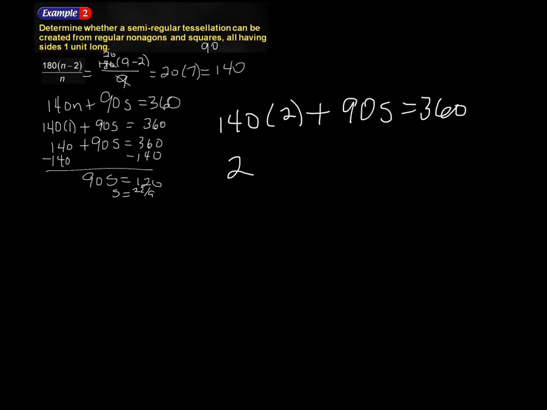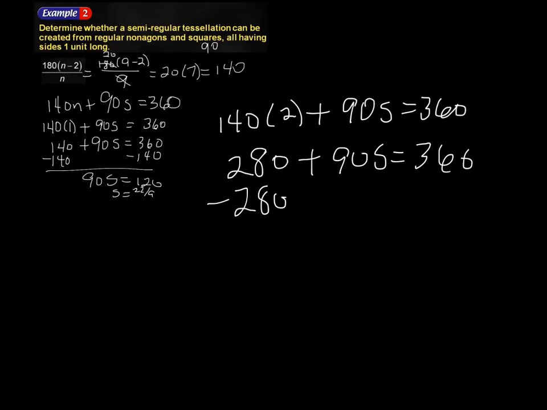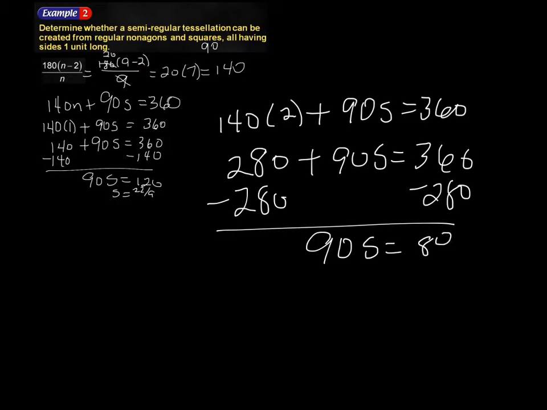Okay, what if we have 2 nonagons? That'd be 280. There's my 360. Subtract 280 from both sides. And we get 90S equals 360 minus 280 is 80. Divided by 90, no, that didn't come out even either.